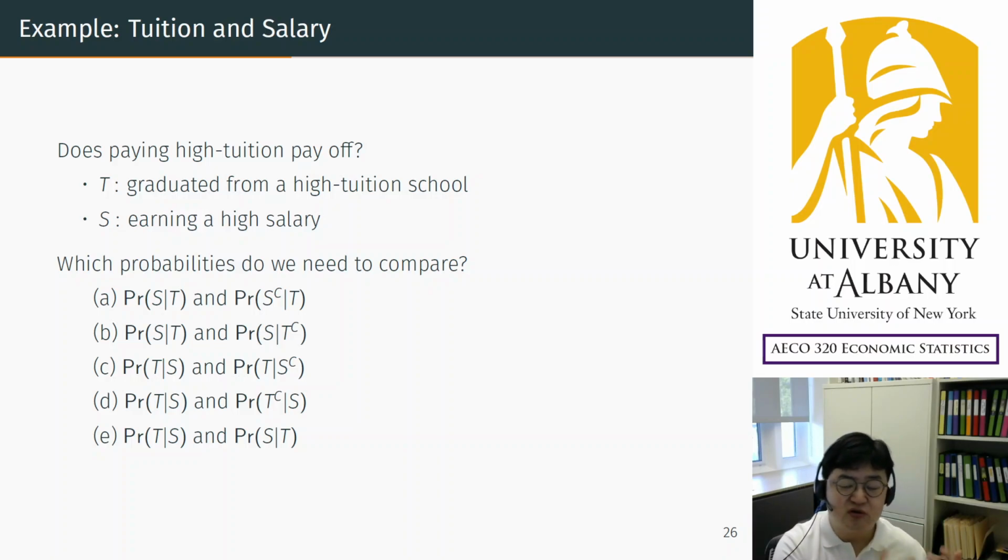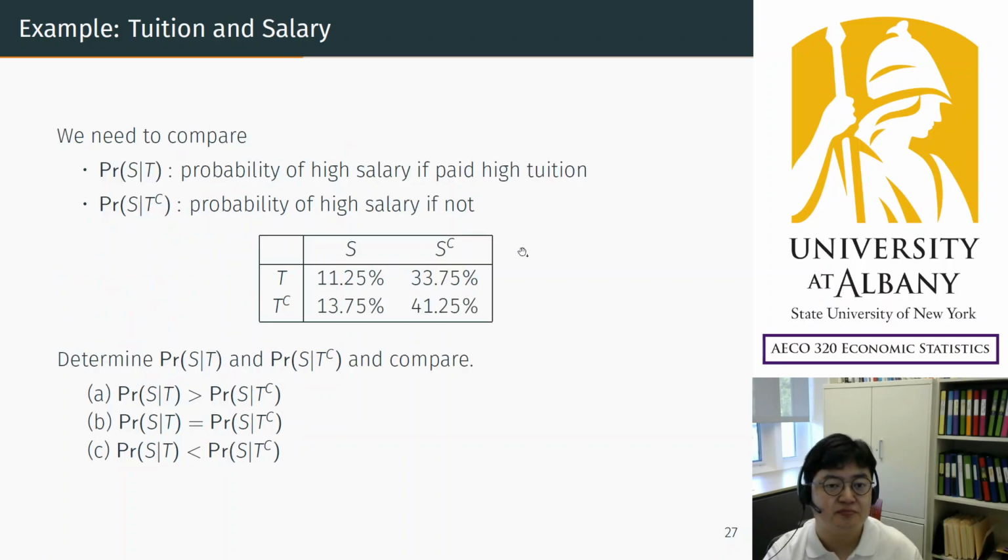Versus if you graduate from a low tuition school, what is that probability? So still the main event is the same. We are interested in the probability of high salary depending on the condition, and whether the probability changes when the condition changes. So the answer is B, right?